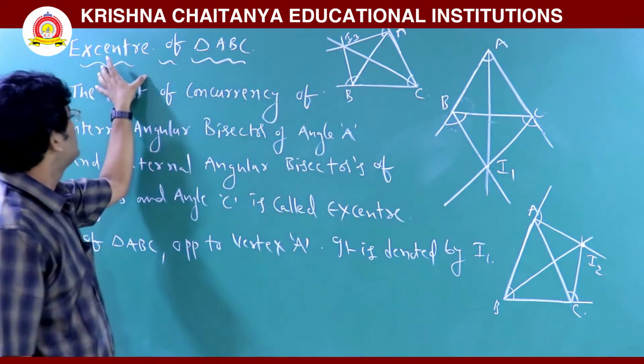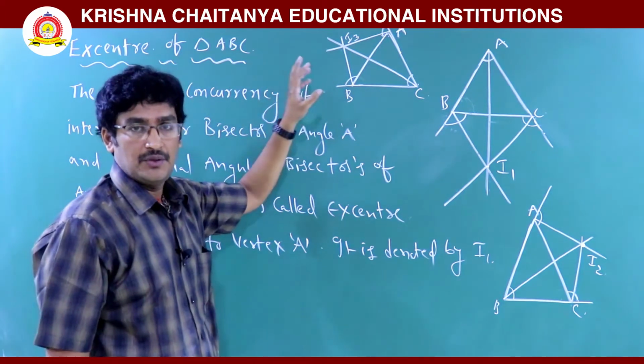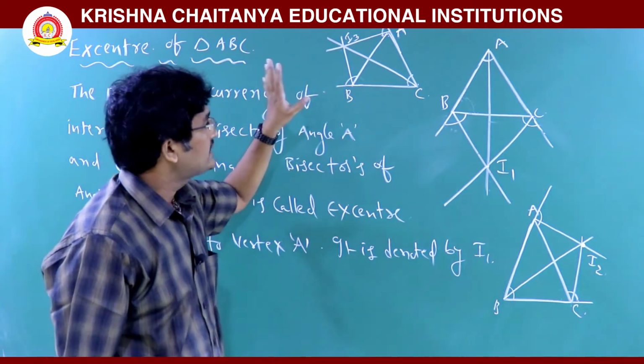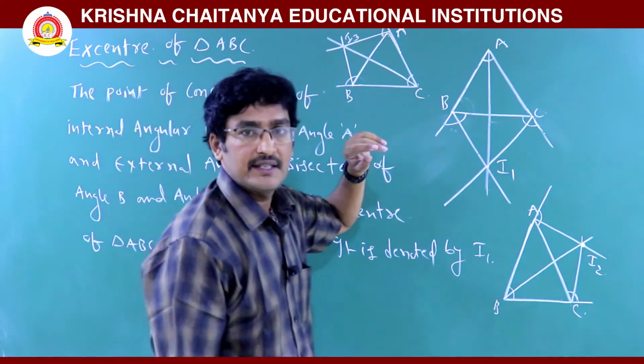That is something about the excenters of triangle ABC. So in triangle ABC, how many excenters can be formed? Three excenters can be formed.